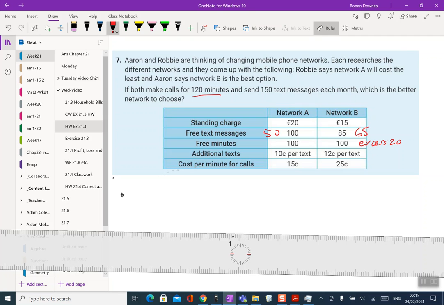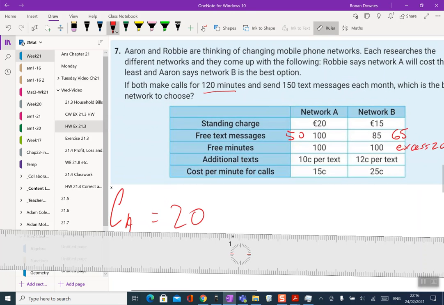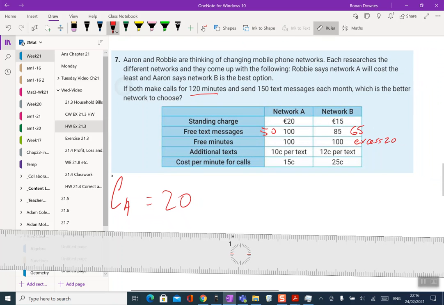Okay, so let's talk about the cost of A. Cost in A equals standing charge of 20, 50 by text message cost, there it is there.